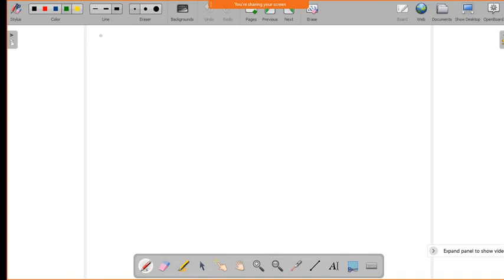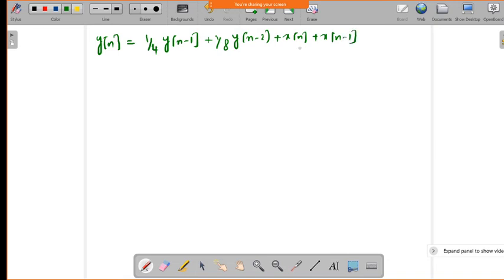So in order to solve that, first you take the equation y of n, which is equal to 1 by 4 y of n minus 1 plus 1 by 8 y of n minus 2 plus x of n plus x of n minus 1.